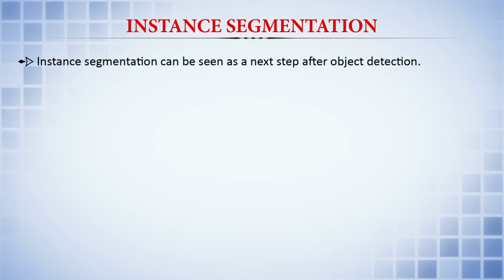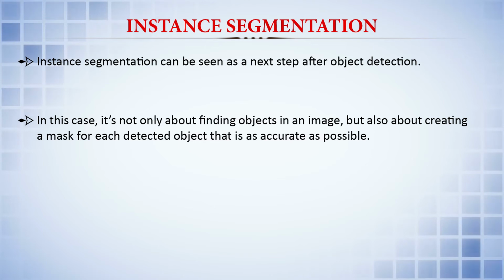So the other task is instance segmentation. Instance segmentation can be seen as the next step after object detection. In this case, it is not only about finding objects in an image, but also about creating a mask for each detected object that is as accurate as possible. I will quote one example so that you can understand in a better way.